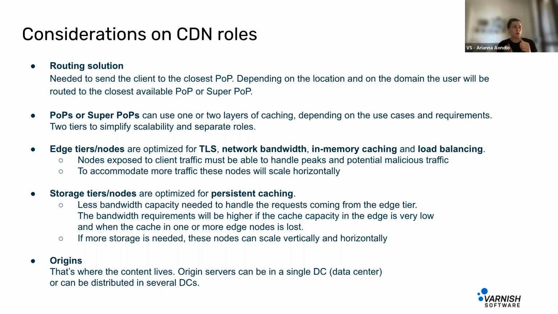Edge nodes will eventually send some of the traffic to the storage nodes. These nodes, again, are optimized for persistent caching. Specifically here, we want to use a combination of disk caching and in-memory caching. This caching is really, really good for any use case where you have a good amount of data to be cached.